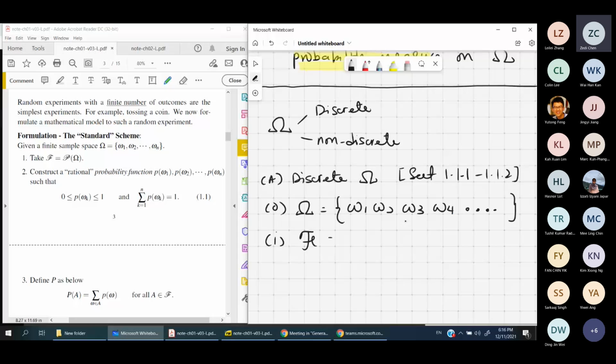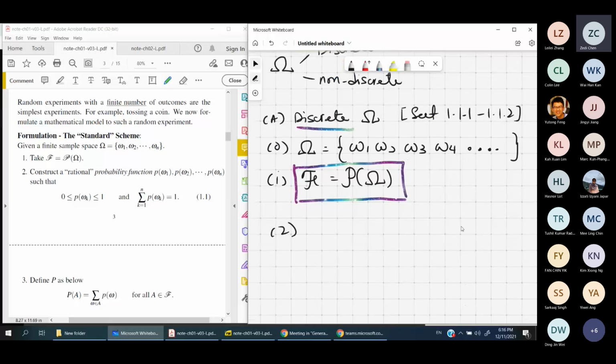Next, in this case, it is quite straightforward. We can simply take our sigma field to be the power set. For the discrete case, that is very easy. Once we have chosen this, next we have step 2. We construct P of omega so that it fulfills these two hypotheses: summing over all k, running from 1, the total is 1.